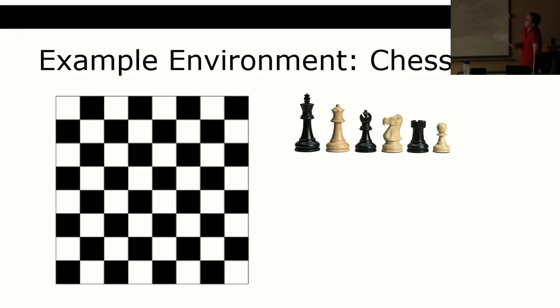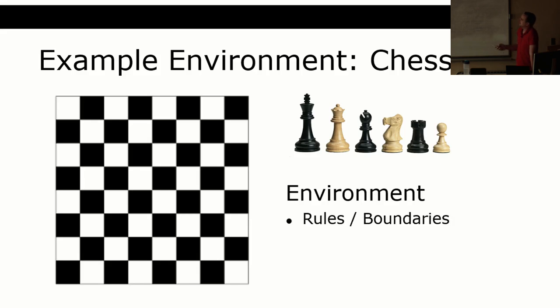So, for example, an example environment is chess. That is an environment that we can have an agent act in. The agent will be the player. So in this environment, we have rules and boundaries, right? That's kind of like the physics of the chess environment. So over here we have an 8x8 board, checkerboard pattern with some white squares, some black squares.